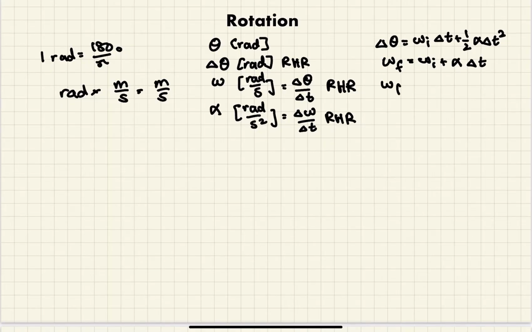And then final angular velocity squared is equal to initial angular velocity squared plus 2 alpha times delta theta, which all of these should look familiar just using different variables. This is called Greekifying it because all of these are Greek letters instead of the regular English counterparts.